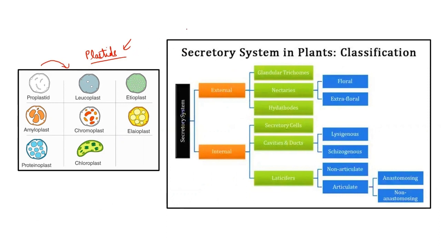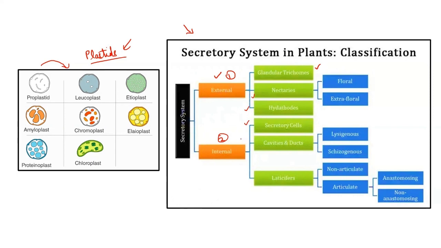Now let us talk about the next important topic, and that is the secretory system that we see in the plants. You should know that the secretory system can be divided into external as well as internal. So the external secretory system has glandular trichomes, nectaries, hydathodes, and the internal secretory system includes secretory cells, which are the individual cells.